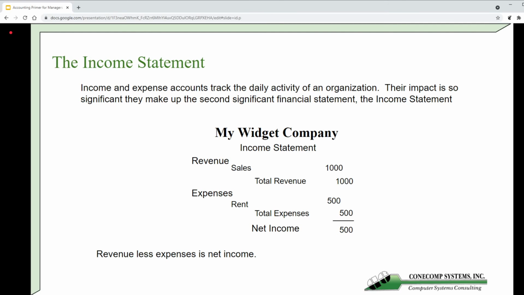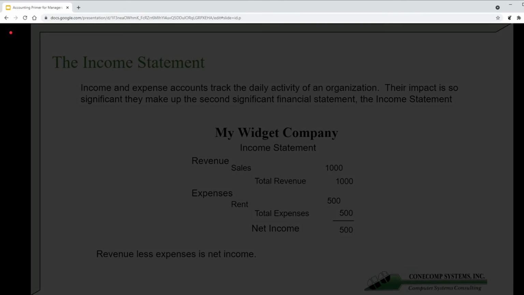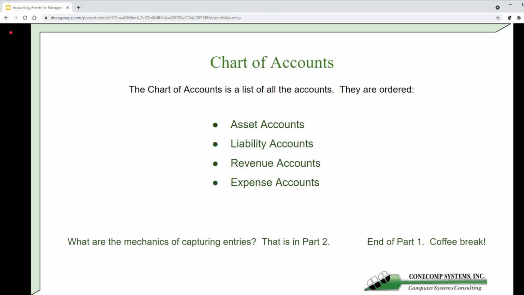Some of them are very elaborate. There is no limit to how many asset accounts, liability accounts, revenue accounts, and expense accounts you can have, but they'll all be organized as you see here. And that list of accounts is called the chart of accounts, and they're always in this order they should be. Assets followed by liabilities, followed by revenue, followed by expenses.